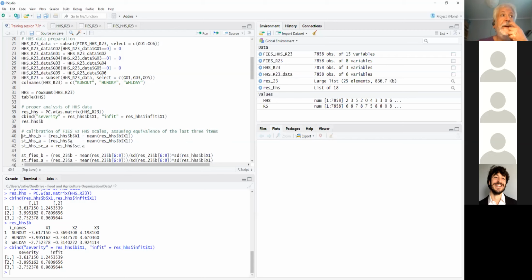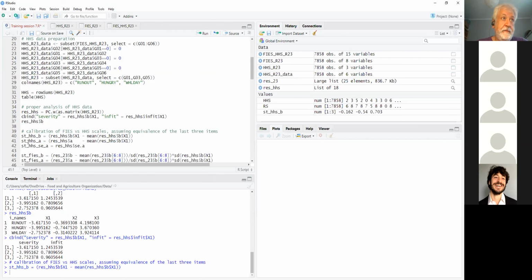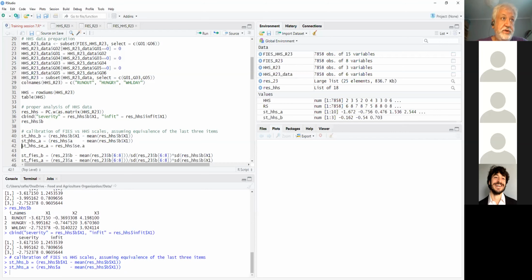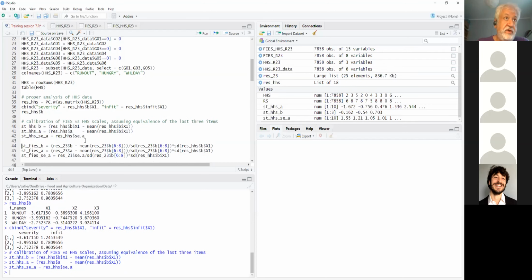So what I do now, I compute standardized values of the item parameter B, but also of the respondent parameters A, and of the standard errors of the respondent parameter. And how do I obtain the calibration? Is just by centering them so that they have a mean of 0. And I am not changing the standard deviation.